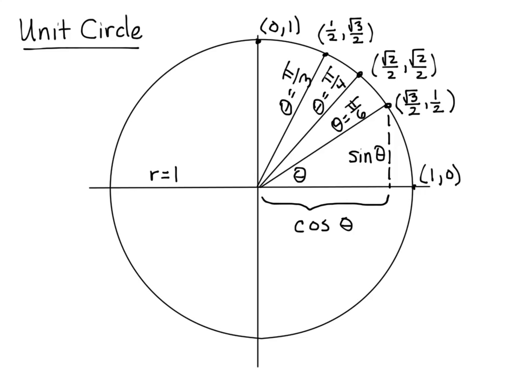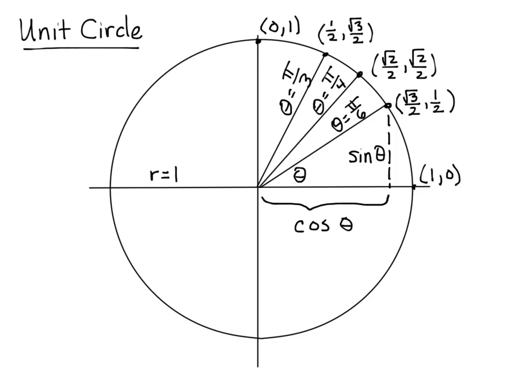Wait, so I'm still very confused. So would it be in quadrants 2 and 4, x is related to the cosine, but in quadrants 1 and 3, the cosine is related to y? Cosine is always related to x.